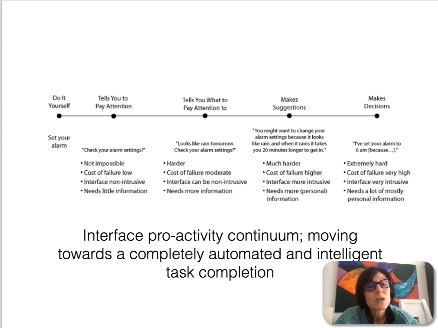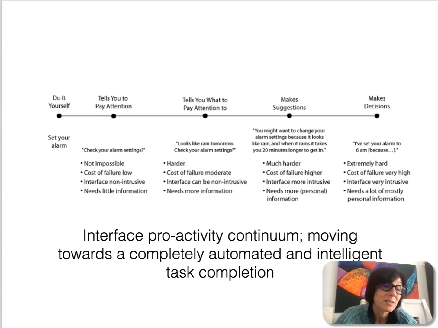So the alarm clock will know, for example, that there will be rain tomorrow, and that there will be roads that are closed that might cause some congestion, and therefore it tells the user that there will be rain tomorrow. Would you like to check your alarm settings?